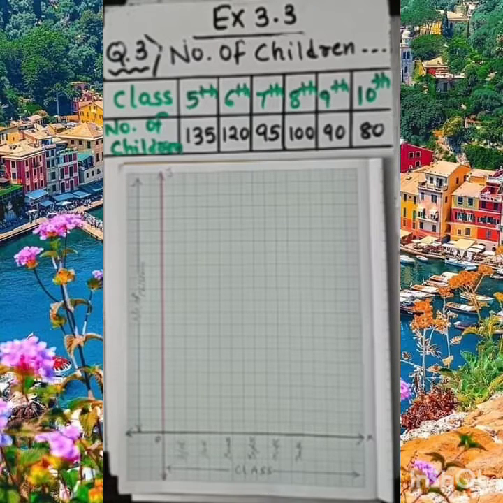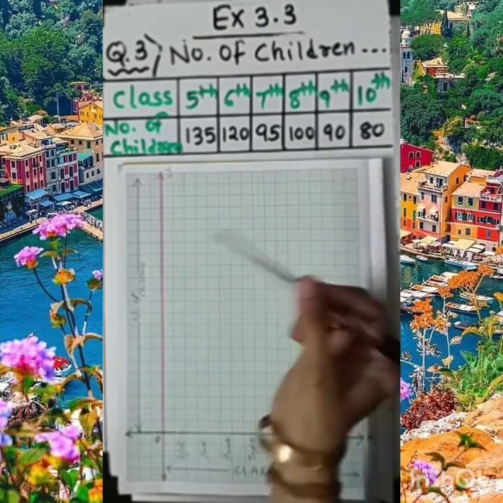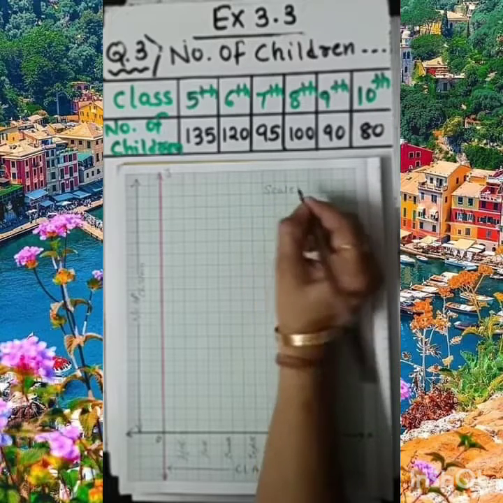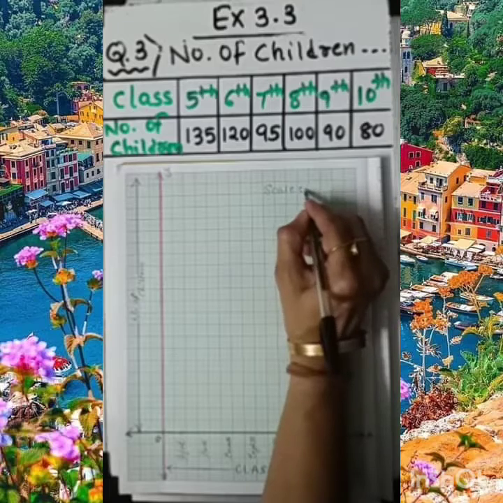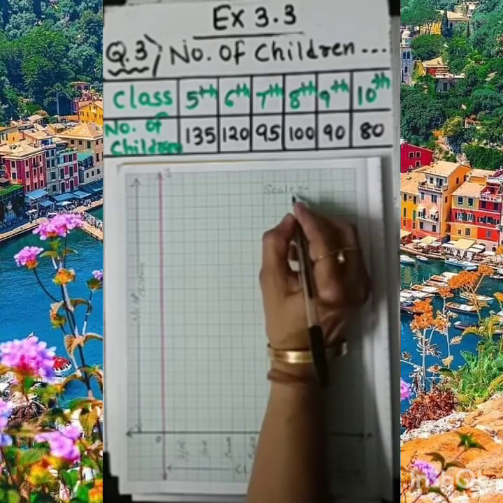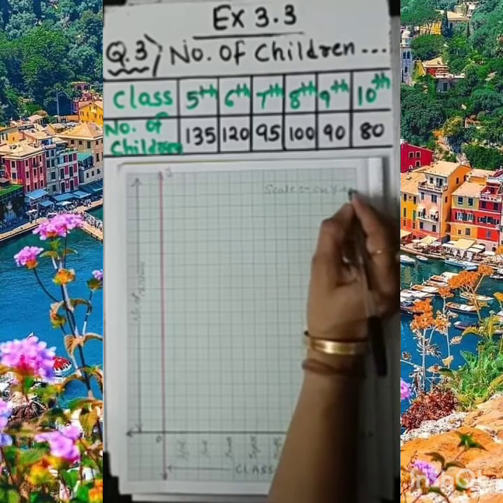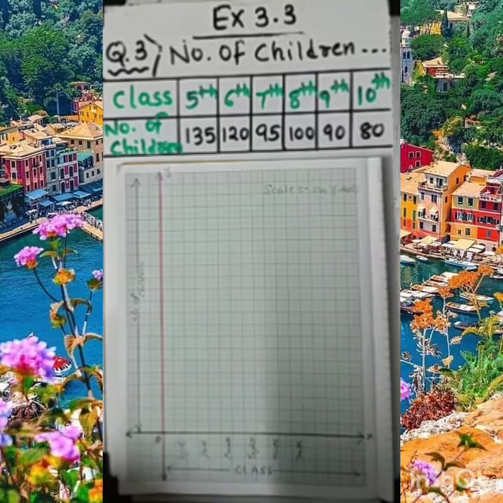Now how to choose the scale? Yes, we have seen here we are given this much observation. It indicates that the scale we always need to write at the right side corner. The scale we are choosing for the y-axis, so we need to write scale on y-axis. What is the scale which we are choosing here for the y-axis?